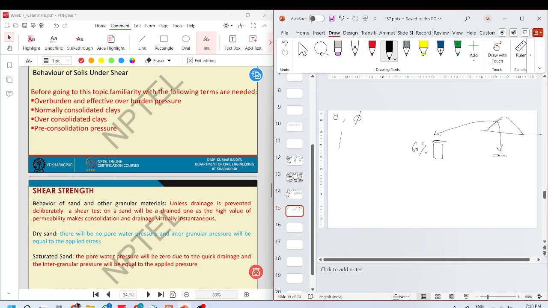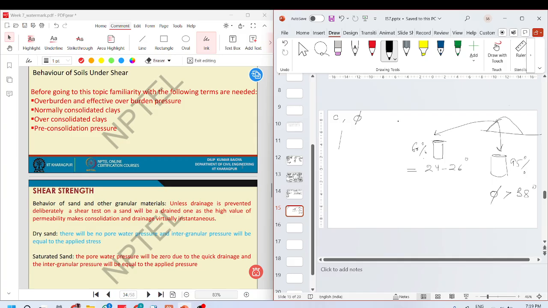And then there is another sample that I have prepared of the same soil at a relative density of 95%. So I will see a phi value of maybe up to 38 degree even. But here I will see a phi value of 24, 26 degree. Mind it, this is the same soil. You understand?